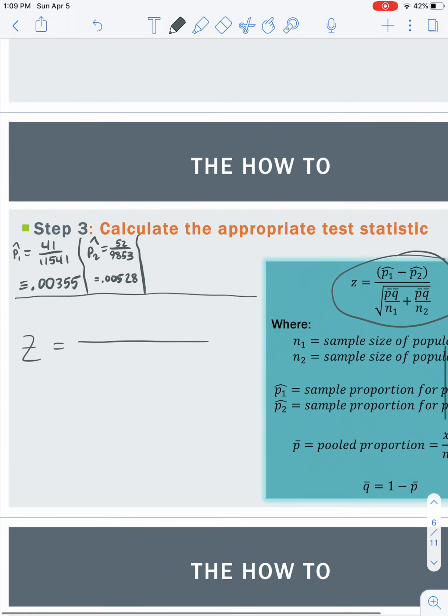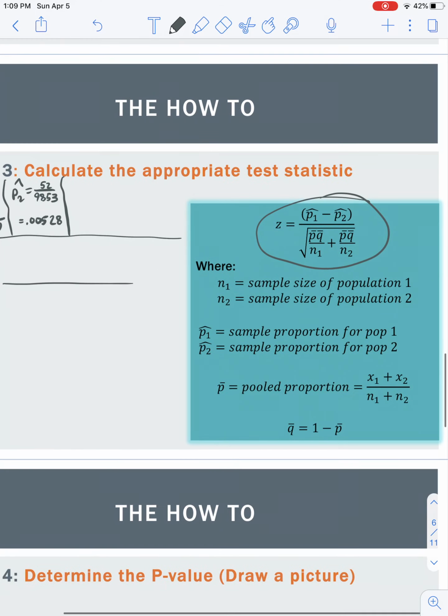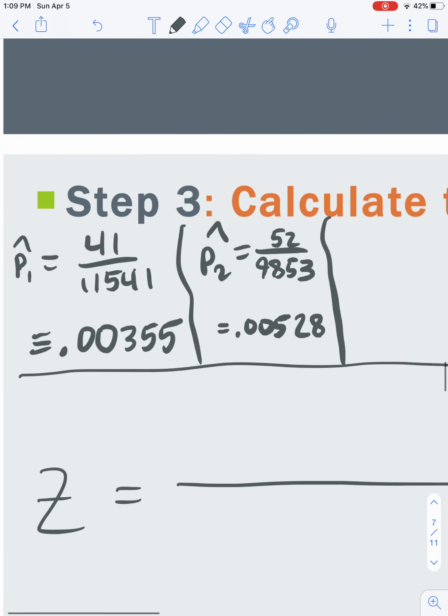And now we're going to do that pooled proportion, which I don't need to go back and look at the top because I can actually look at p1 and p2 to put this together. Okay, so the pooled proportion is the two x's added together and the two n's added together. These are the x's, and these are the n's.